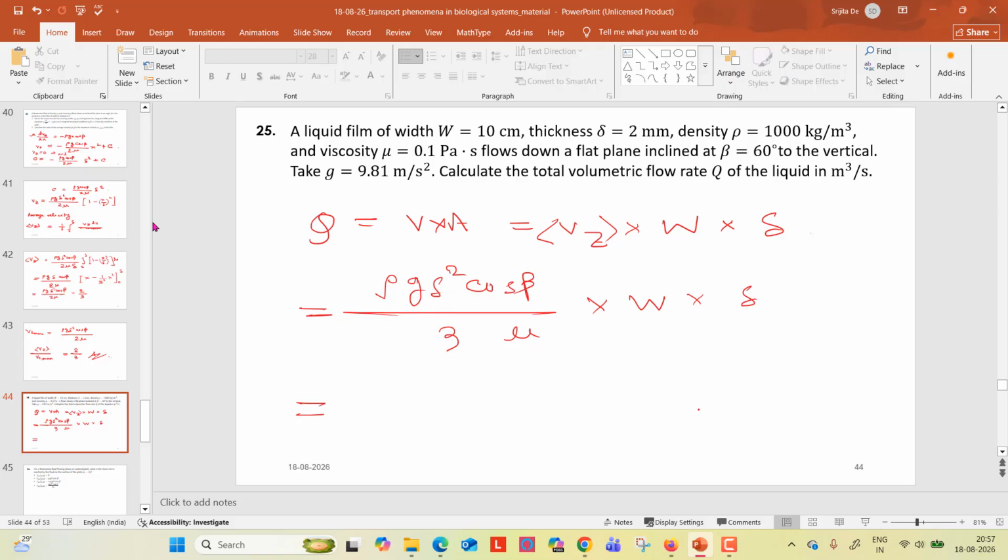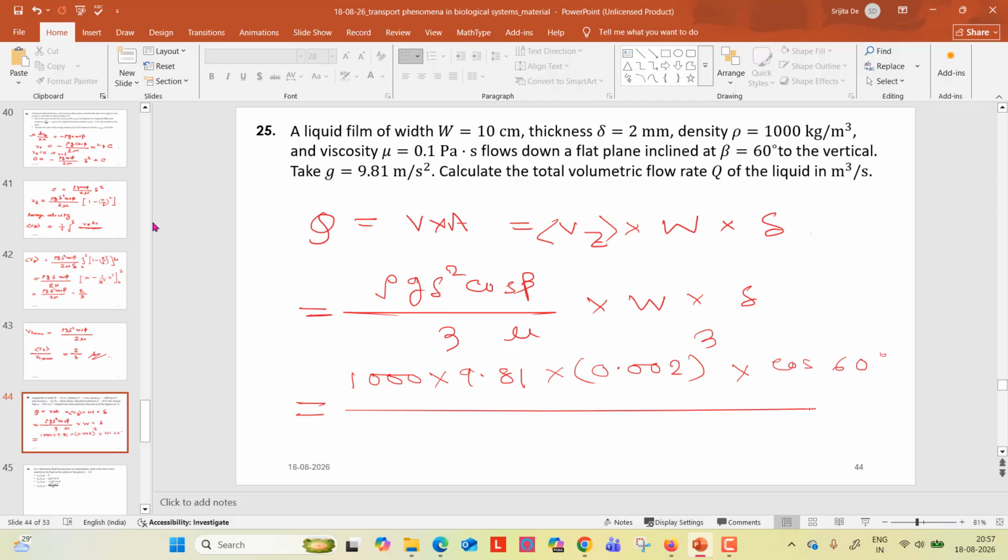So rho is 1000, g is 9.81, delta square. Delta is 2 millimeters. So 0.002 cube into cos beta, cos 60 degree, divided by, there is a W also.